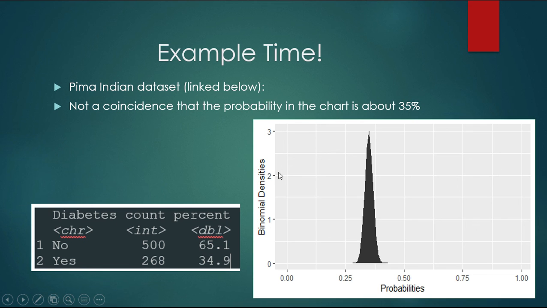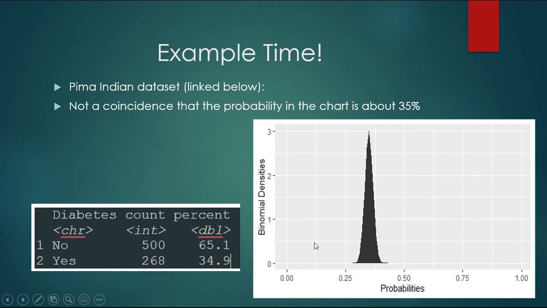And here is the maximum likelihood estimation for the binomial distribution. We can see how the binomial density is the highest right at about 0.35, which is about 35%. So really, without even invoking the distribution, you can get at the fact that the summary statistics will lead you to key conclusions about the distribution.